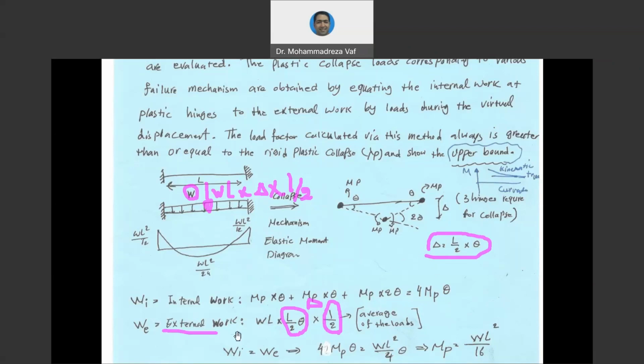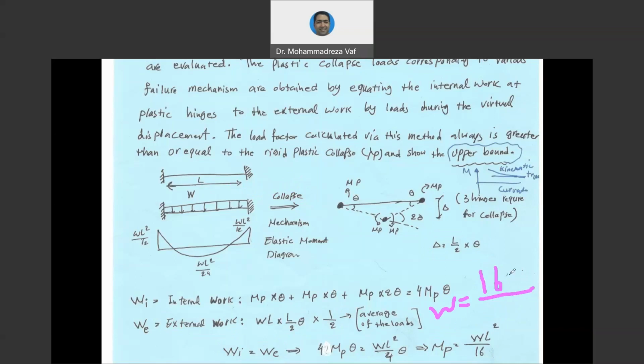So you get the external work, you get the internal work, and then according to the kinematic approach, internal work should equal external work, and then from there you get MP equals this value, or you can write down W critical equals 16 MP divided by L squared.